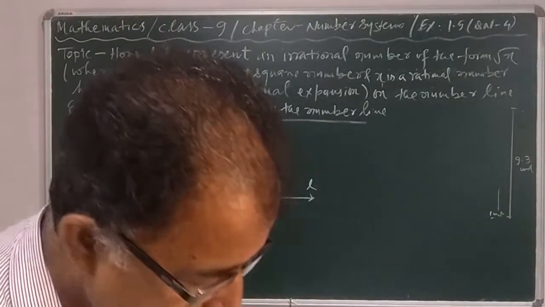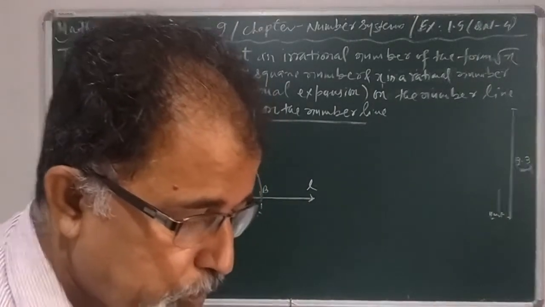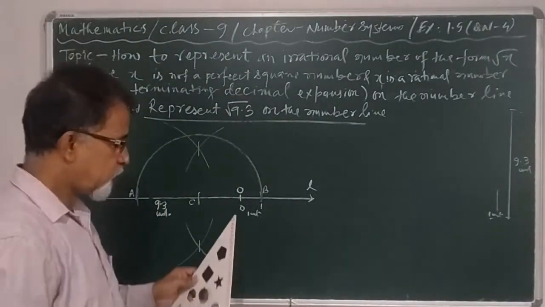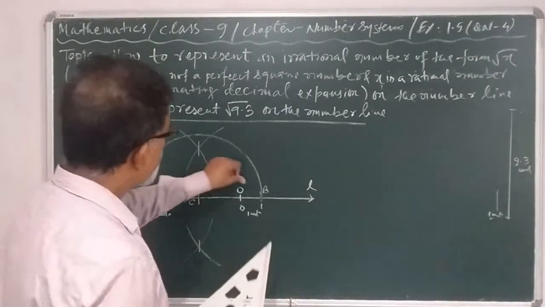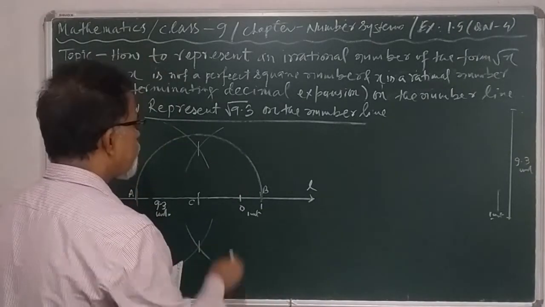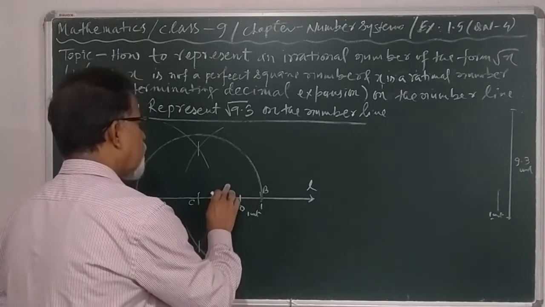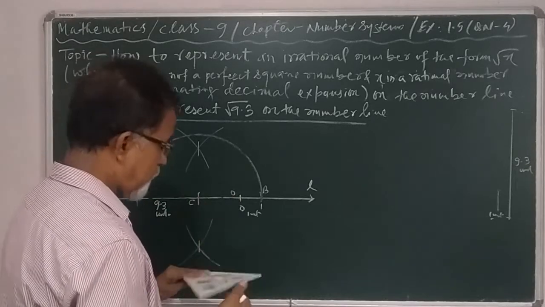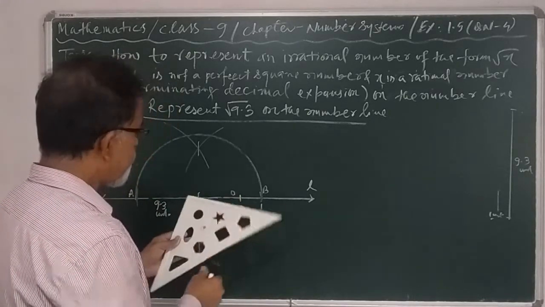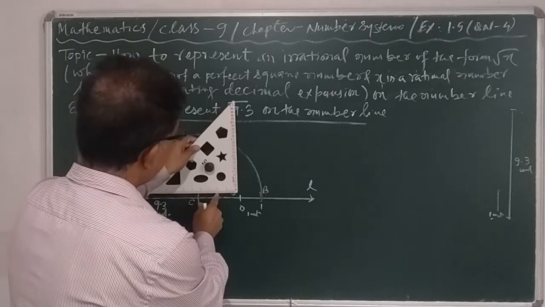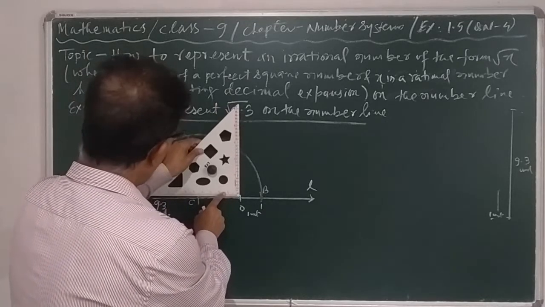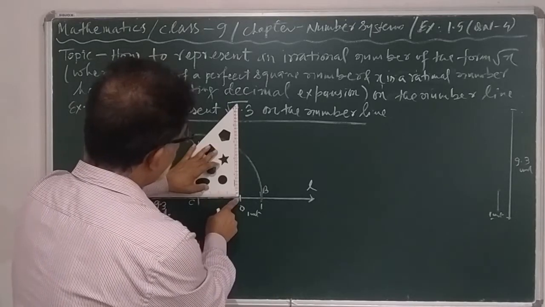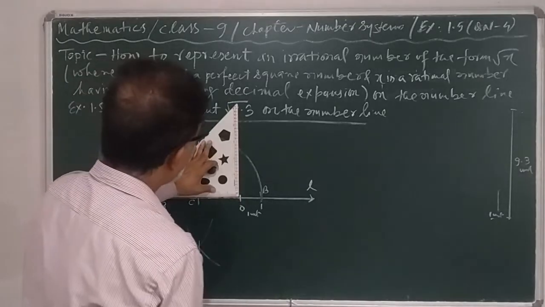I draw a perpendicular on the line with the point O. This is the point O which represents 0 here.